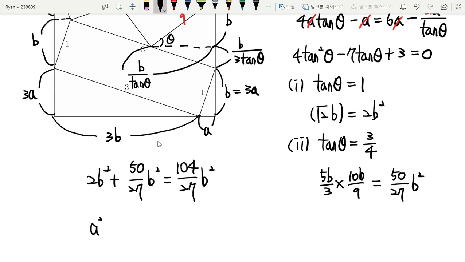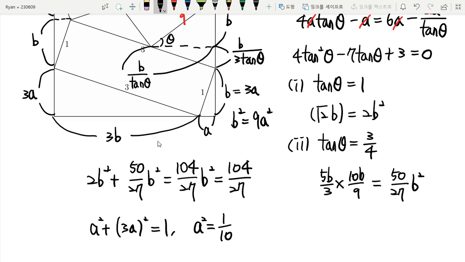So at first, if you make this Pythagorean theorem, what's the value of a? You're right. So a squared is 1 over 10, right? And because b is 3a, b squared is 9a squared, so b squared is 9 over 10.